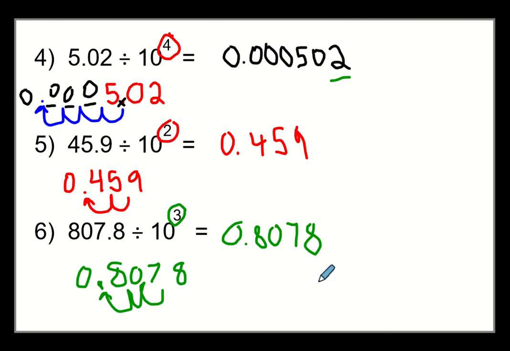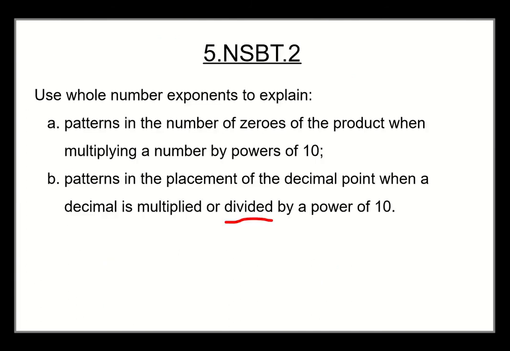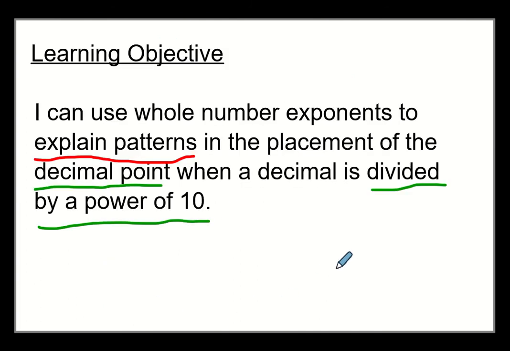And so at this time, friends, I'm going to ask that you please complete the Schoology assignment that has been built so that you can have some practice targeting 5.NBT.2 and further gaining experience and working towards being able to explain the patterns in the placement or movement of the decimal point when a decimal is divided by a power of 10.